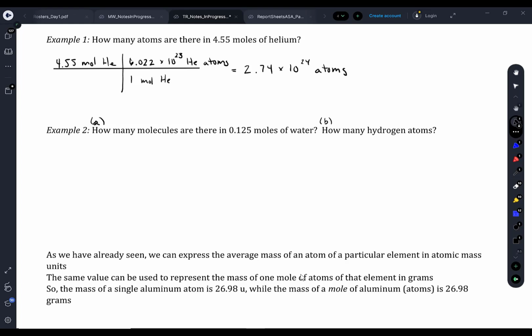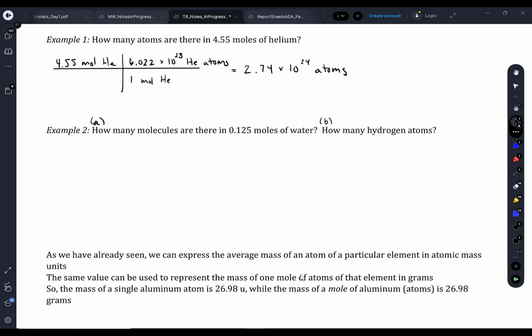Well, part A is no different than the last question. We're just given the number of moles and asked to go to the number of units. So in the case of water, it would be going from moles of water to molecules of water, right? But in part B, we want to get to hydrogen atoms. So let's just set some things up real quick.